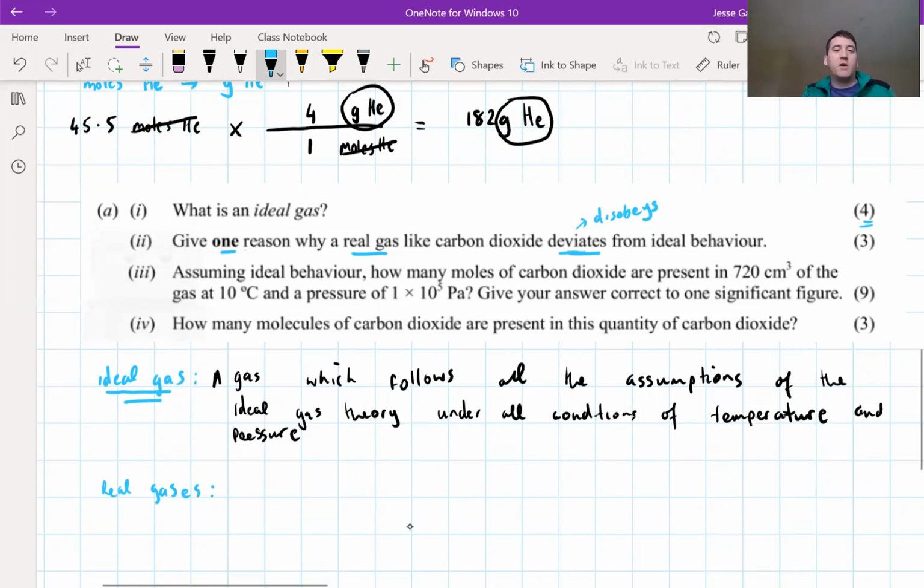Okay, so the main reasons we discuss here from the rules is that one of the rules of the ideal gas law says that there are no attractive forces between the particles. This is not true. So real gases have attractive forces between the particles.